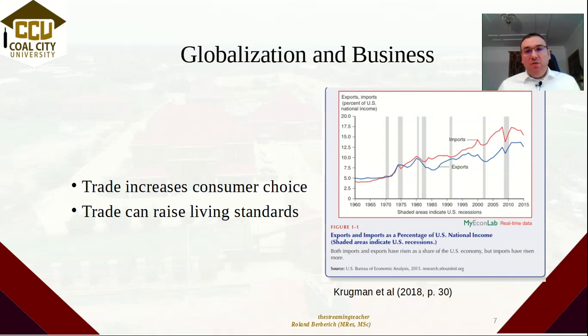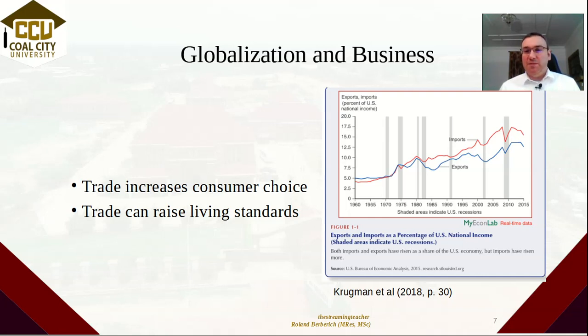The second thing we need to look at is that trade increases consumer choice. I'm sharing with you data from 2015 on how exports and imports in the US have developed as a function of total national income. We can see the share of exports and imports, the share of trade within the national income, has constantly risen from 5% and below to almost 20%.